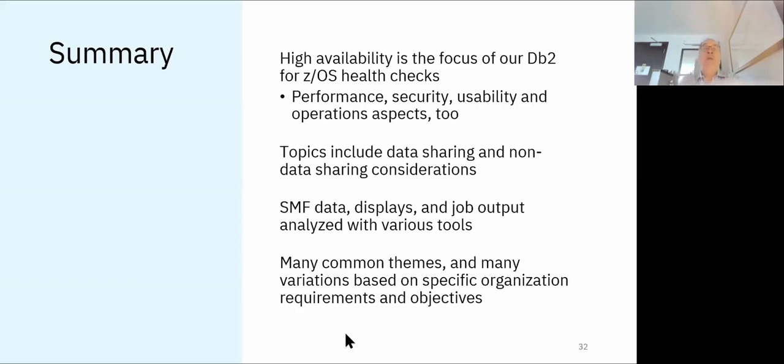And so a value that may be useful for 90% of customers may not apply to them. And so part of what's interesting about doing these health checks is that we do get these variations, and we get to learn not only how different organizations are approaching their goals and objectives, but also different ways to use DB2 capabilities to match them.